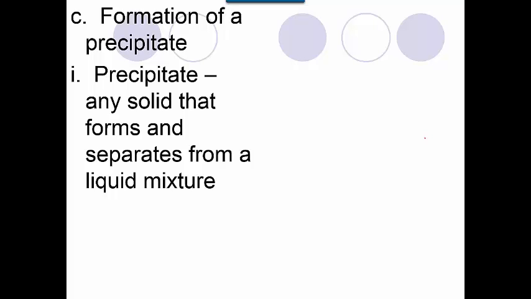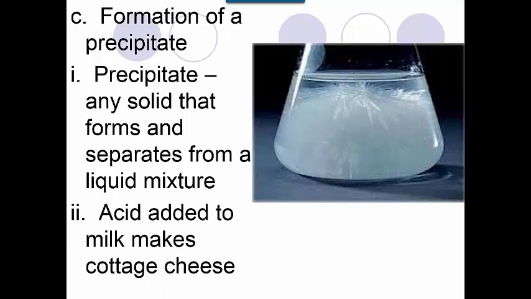You'll take two liquid mixtures which have chemicals dissolved in them, but they're kind of see-through. We'll do an example of this in class so that you'll get to see what a precipitate looks like. But when you put the liquids together, you will see these solid particles form, like you see here. It's very obvious, and those solid particles are called a precipitate.